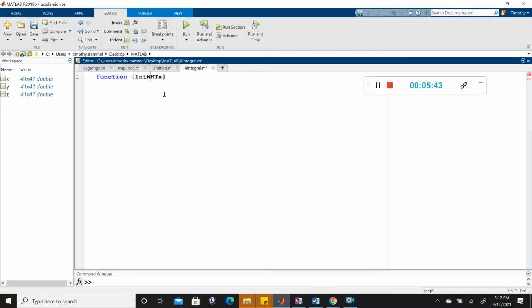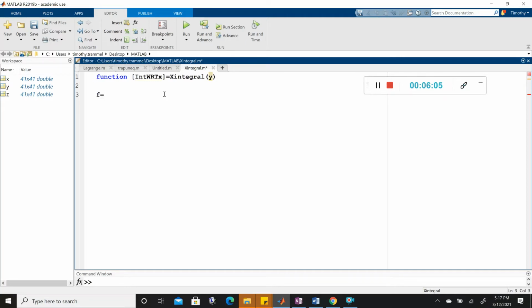What I'm trying to say is we're integrating with respect to x. And this thing is going to be equal to capital X integral. Again, we're integrating with respect to x, but we're going to do it for a specific y value. Okay.